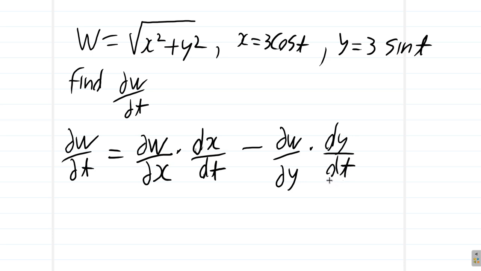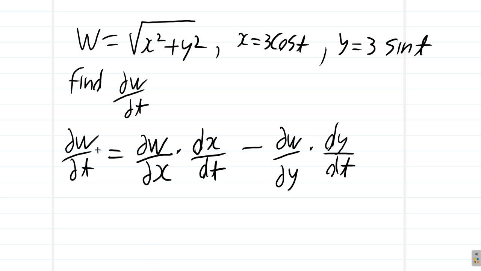So you could cancel these, and you have the partial derivative of w with respect to t, delta w by delta t. So you set it up like that.